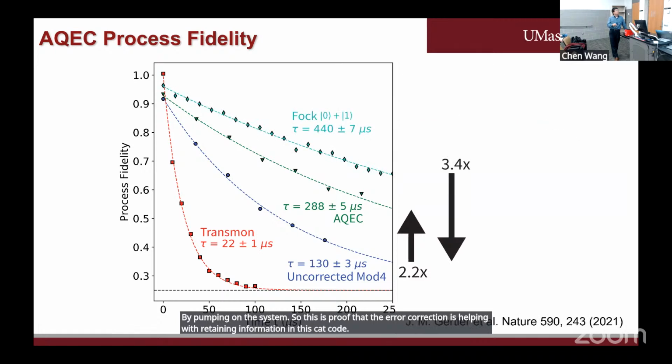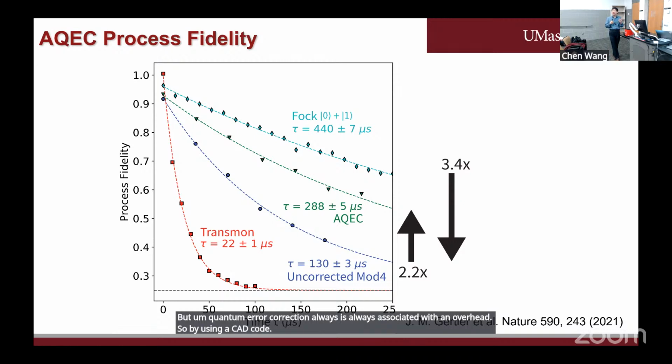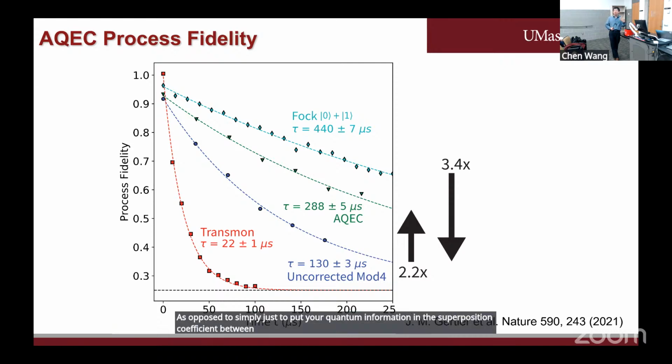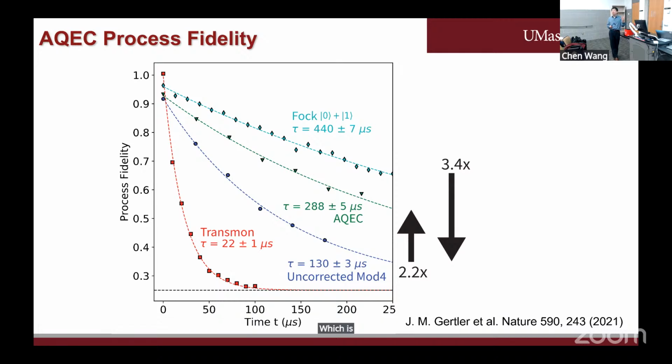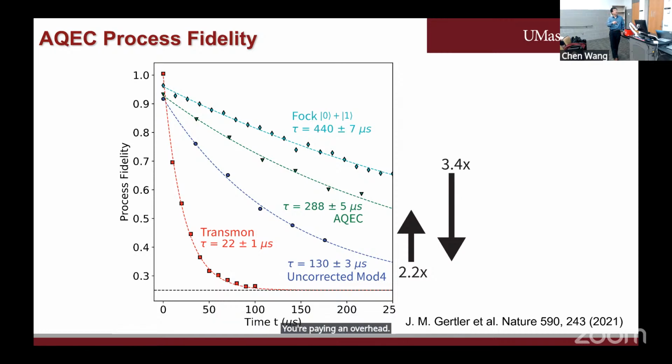But quantum error correction is always associated with an overhead. By using a cat code, which is a multi-photon state to encode information, as opposed to simply putting your quantum information in the superposition coefficient between 0 and 1, which is the raw cavity, the simplest information storage you can put in your cavity, you're paying an overhead of 3.4 times by using an error correctable encoding.